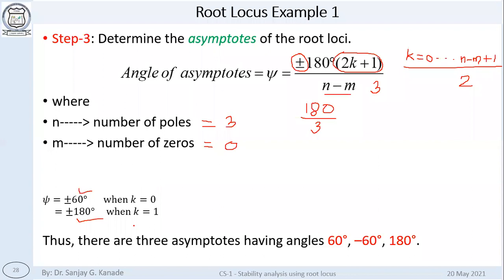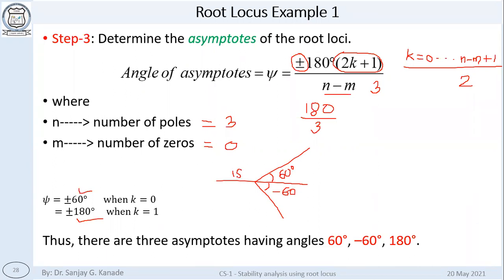Now if you go ahead and take k equal to 2, what value are you going to get? You just try and you will see that you will be getting the same values over and over again. This is 60, then this is minus 60, and this is 180.